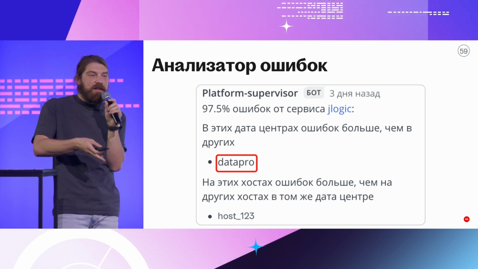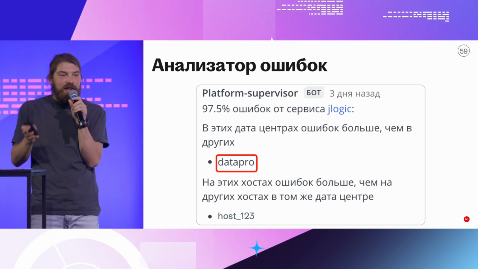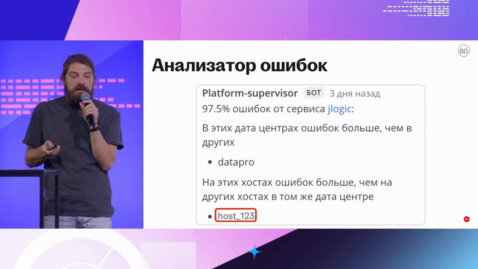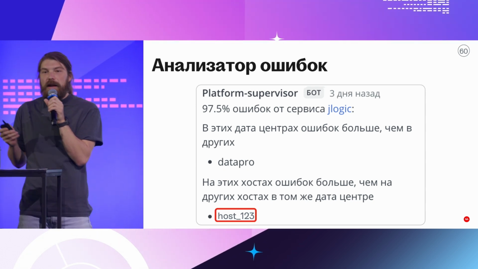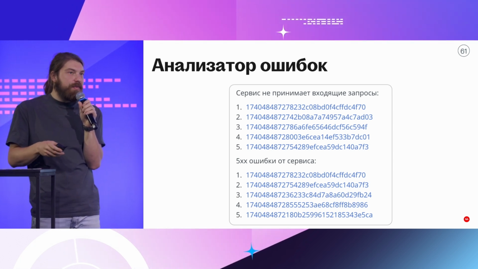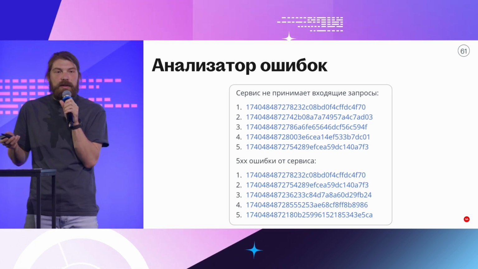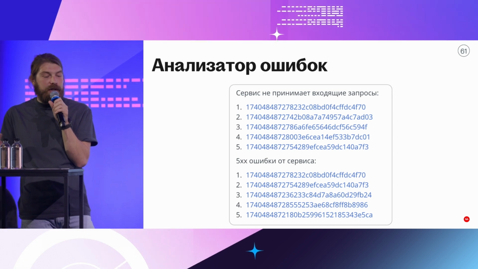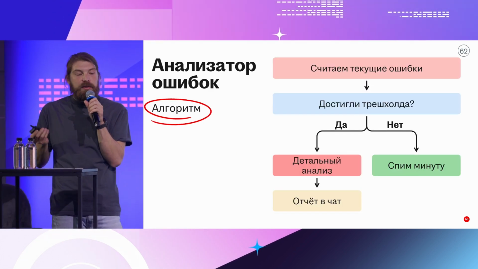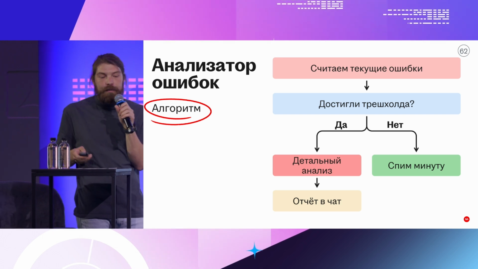It also analyzes where exactly they originated. It can happen that, like, an excavator has broken a cable to the data center or whatever. In addition to that, it shows us examples of specific traces where errors happened, grouping errors by type.